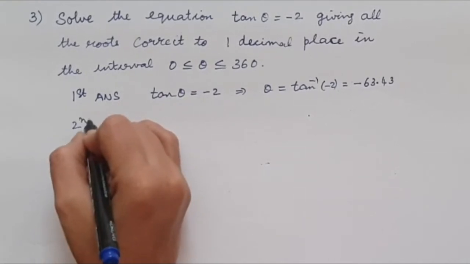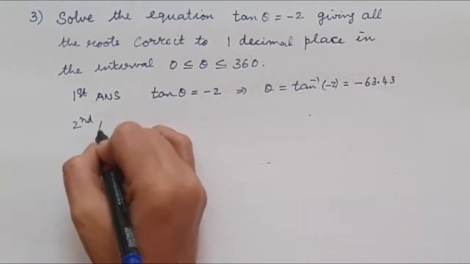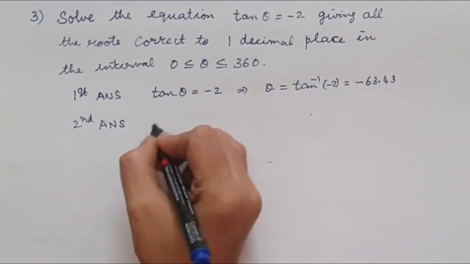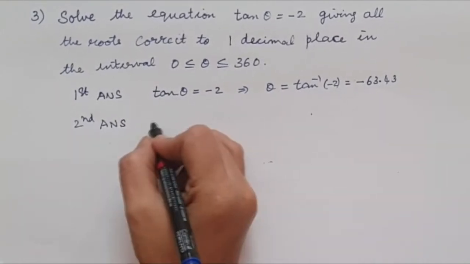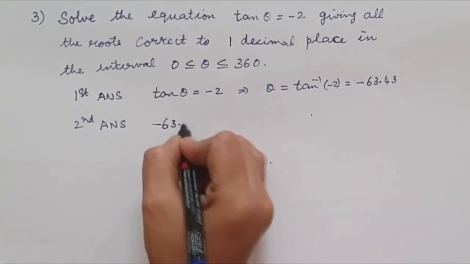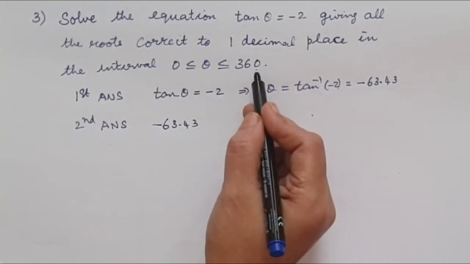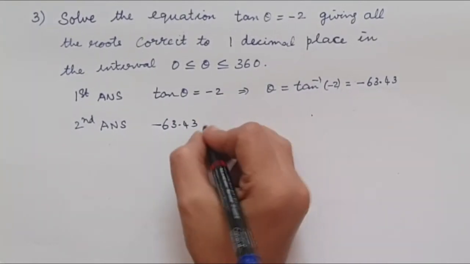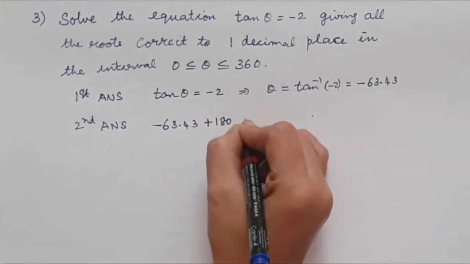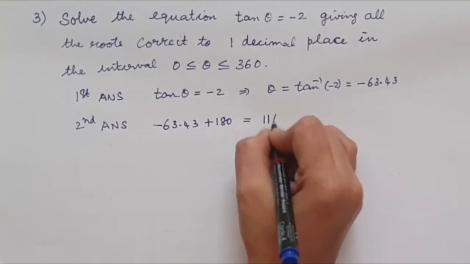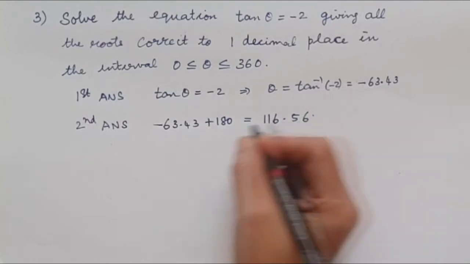Then our second answer will be our first answer, minus 63.43, plus 180. We are only interested from 0 to 360, so it's enough if we just add 180, which gives us 116.56.